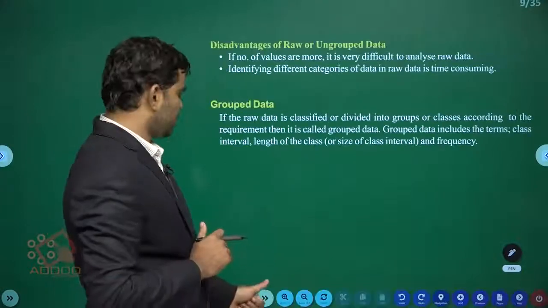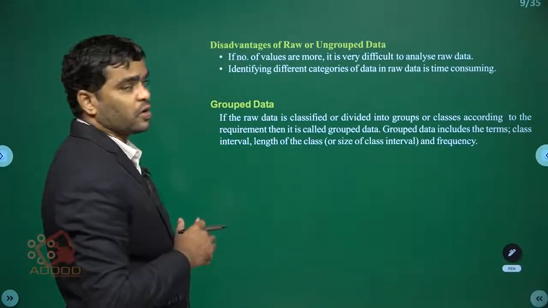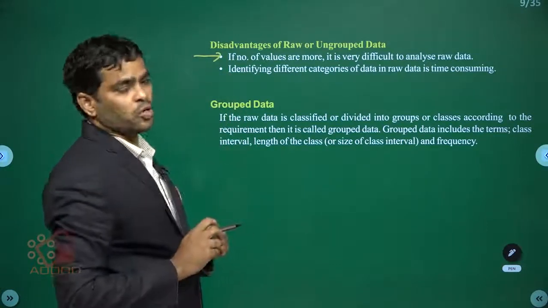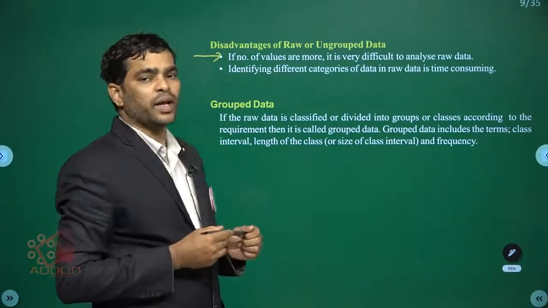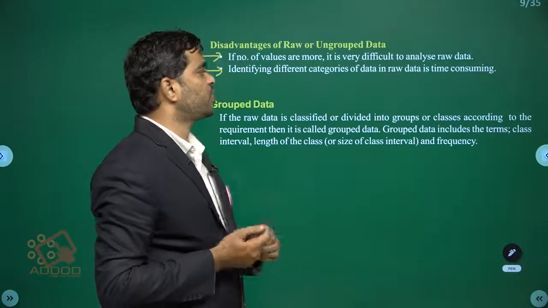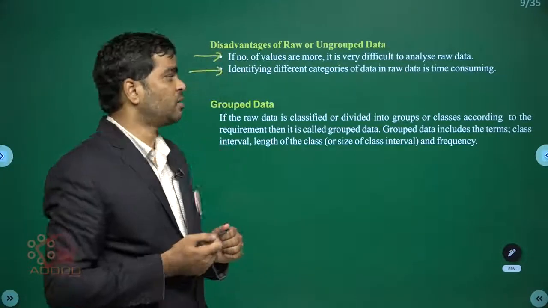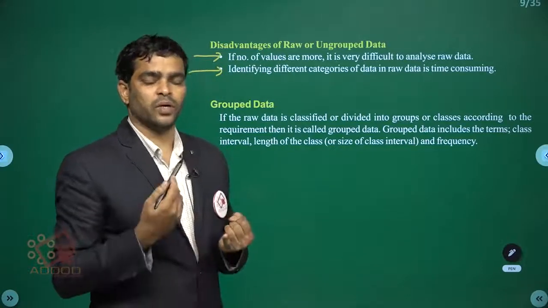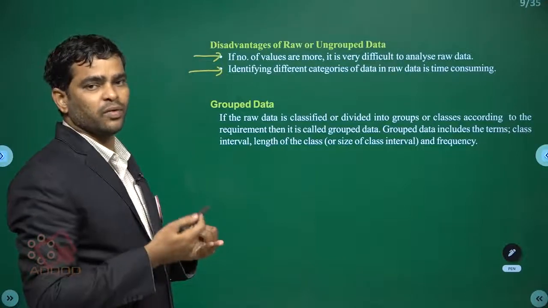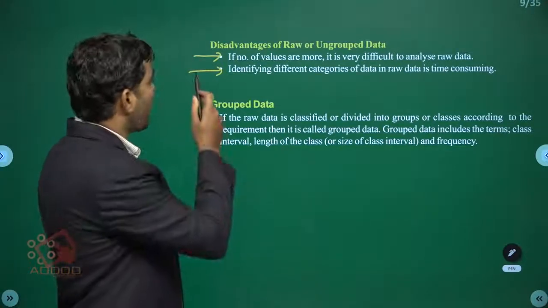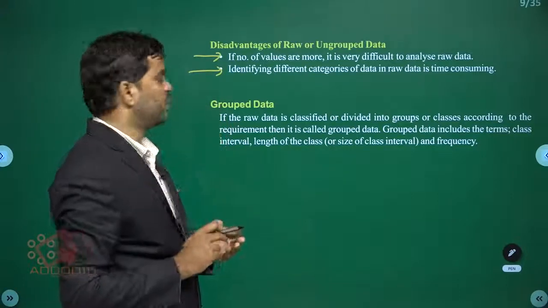Next, the disadvantage of raw data or ungrouped data: if the number of values is large, it is very difficult to analyze the raw data. Identifying different categories of data in raw data is time consuming. Just now we discussed who are failures, who are average students, below average, above average, and good performers. It is difficult. That is the disadvantage of raw data.